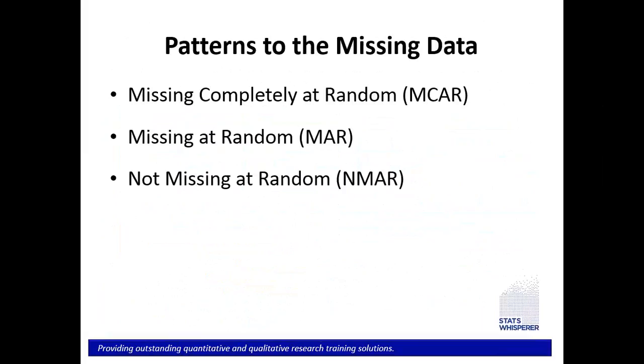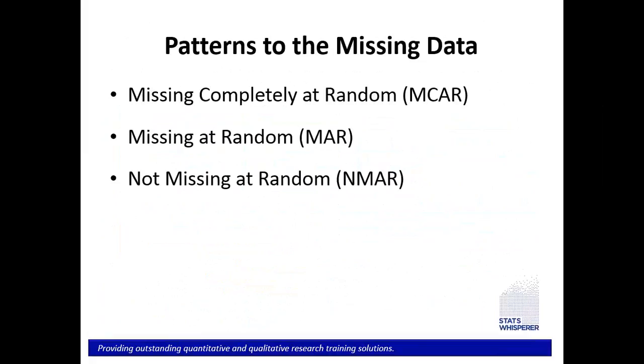Okay, so we've defined the missing data, and we figured out how to indicate how much data are missing in a few ways. So now we have to identify the patterns of missing data. Luckily, there are only 3 patterns which are commonly examined. The first pattern is missing completely at random, MCAR.